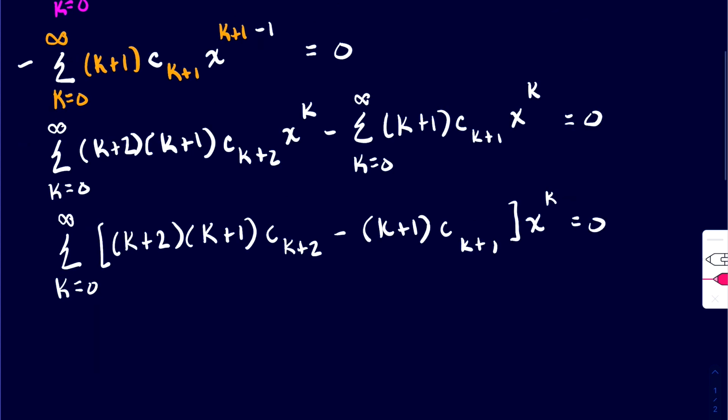So we basically will be setting the quantity that's inside the summation equal to 0.